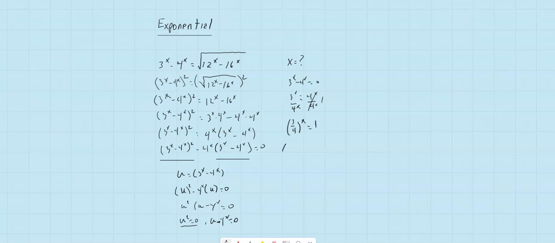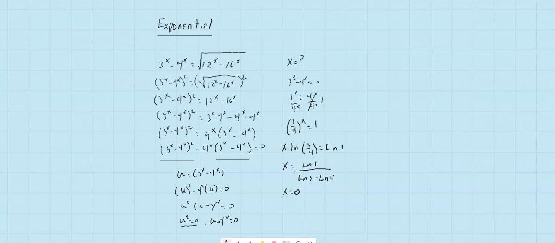Now we could say x times the natural log of 3/4 is equal to the natural log of 1. We know what the natural log of 1 is, so I'm going to write the natural log of 3/4 as the quotient of the natural logs, which will be x is equal to the natural log of 1 over the natural log of 3 minus the natural log of 4. So x is going to be 0 because the natural log of 1 is 0.